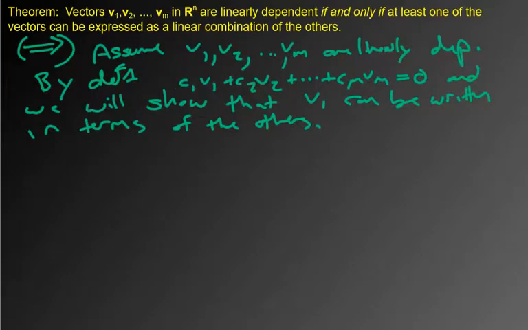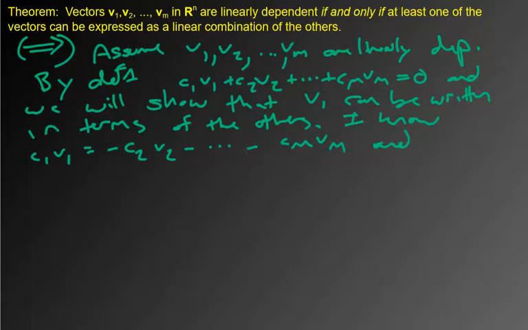Okay. So let's see. I know c1 v1 equals minus c2 v2 minus, just going to do, minus cm vm.